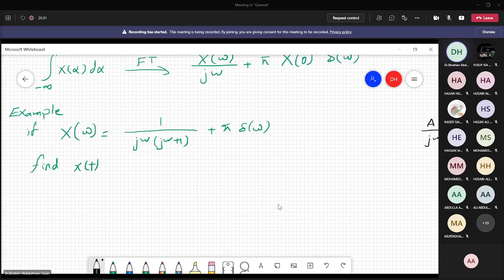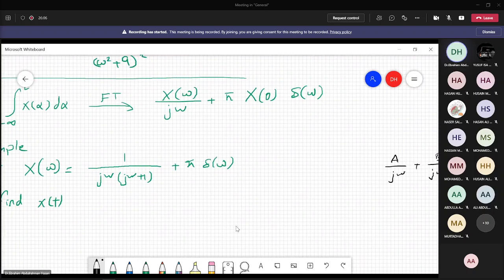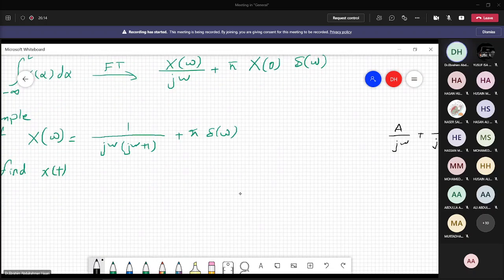Alternative way, if you look here, this one is similar to this. And the X of omega, I can write it as 1 over j omega multiplied by 1 over j omega plus 1, plus pi delta omega.